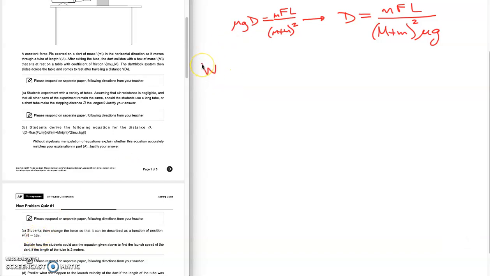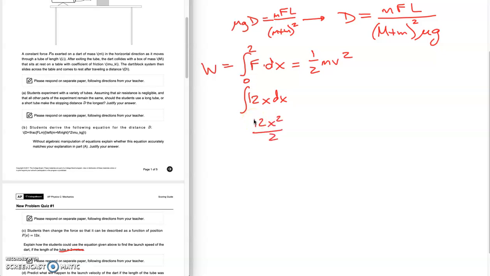So what they want to see is that work is the integral of force over distance, and because we have a 2 meter length tube, we need to integrate from 0 to 2, and then set that equal to kinetic energy. And what you will see when you do that is that the work is proportional to distance squared, which is also proportional to velocity squared over here.